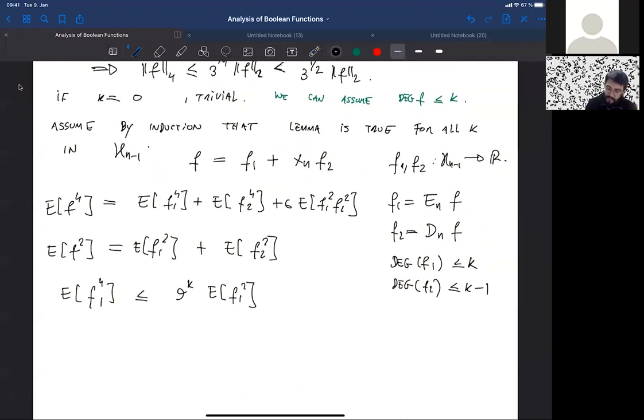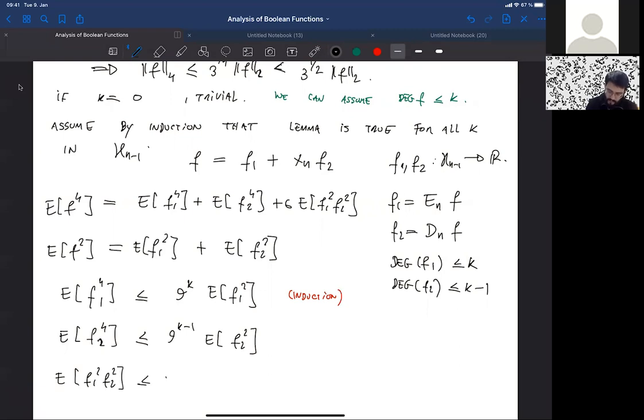So this is by induction. Then we have f2 to the power 4. Now f2 has a degree less, so it would be this.